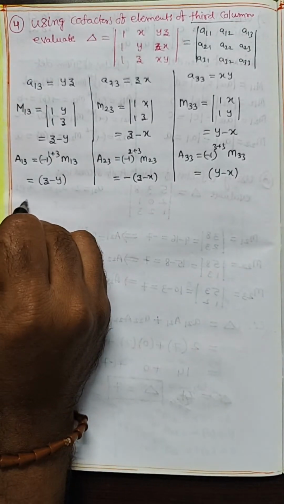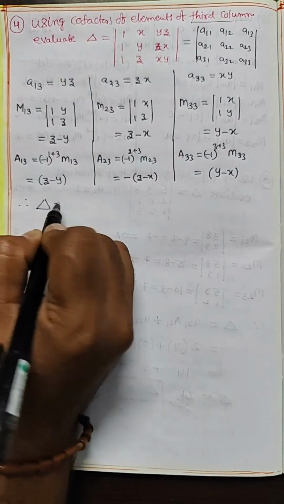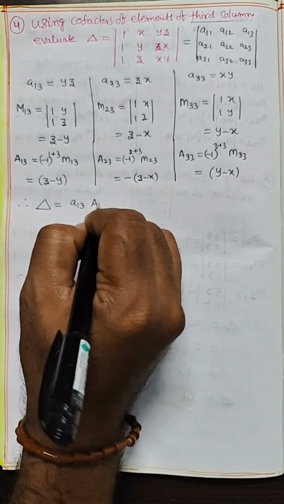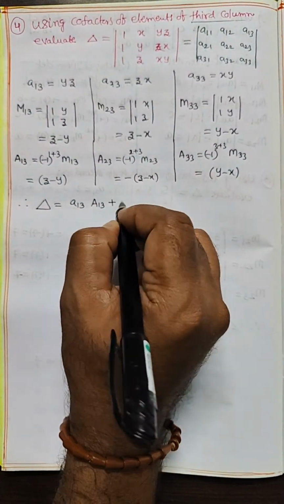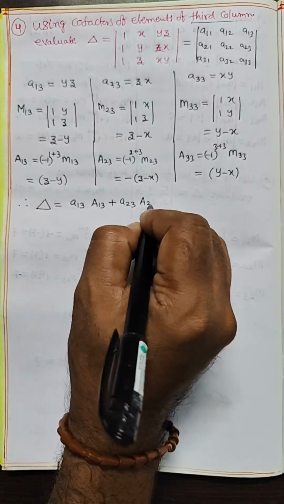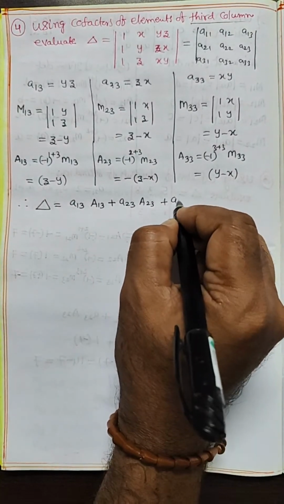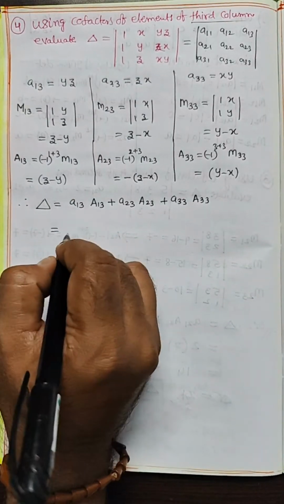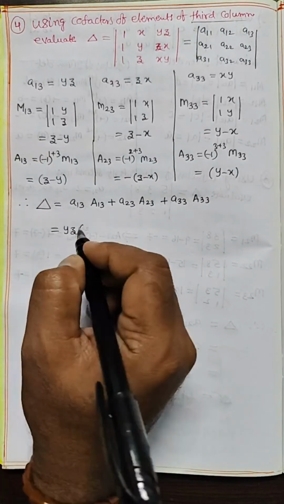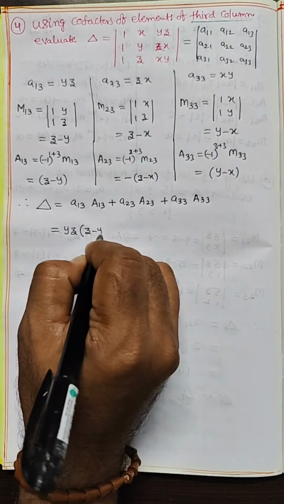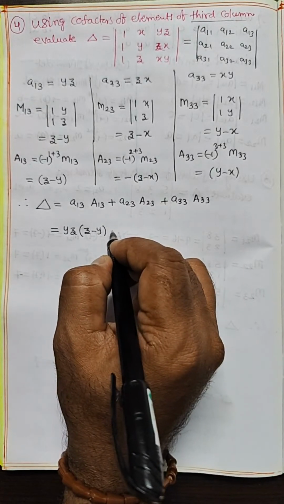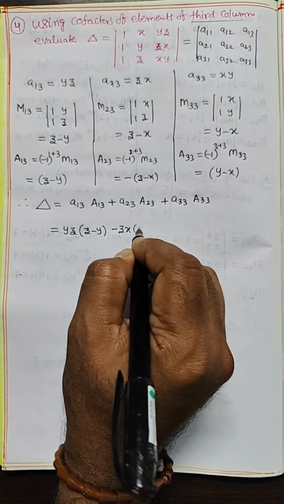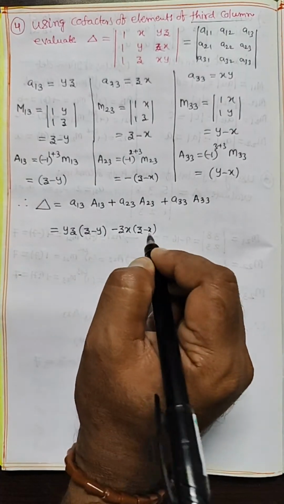Later, the determinant. Therefore, delta equals small a13 into capital A13 plus small a23 into capital A23 plus small a33 into capital A33. So which is equal to, a13 means yz into A13, xz minus y, plus a23 means plus into here, minus is there, no? So minus, directly I'm writing zx into z minus x.